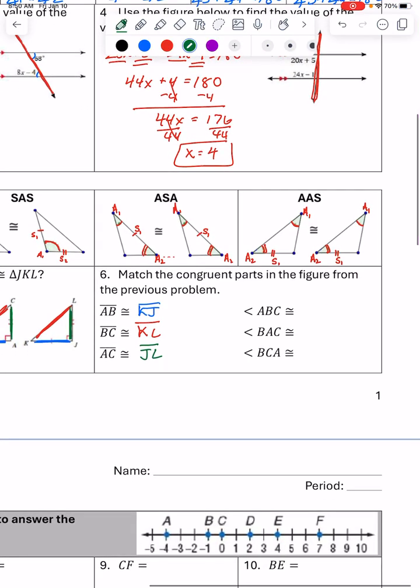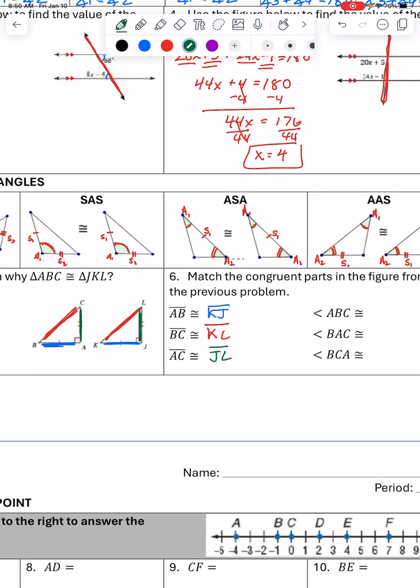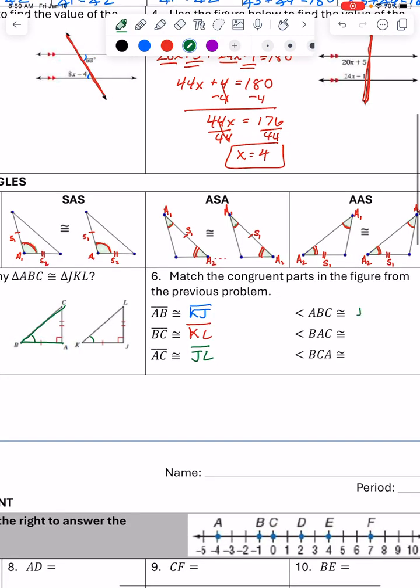Okay. And then for angle ABC, so remember with angles, again, I'm gonna erase this just for a second so we can see this a little bit better. So angle ABC would be this guy, would match up with that. So JKL. Okay. And then, let's see.